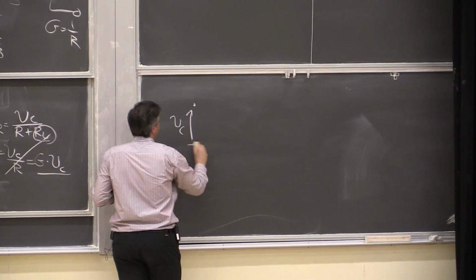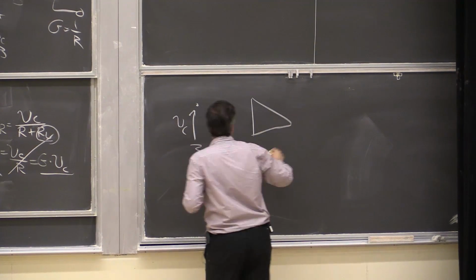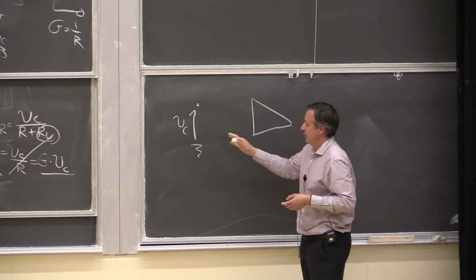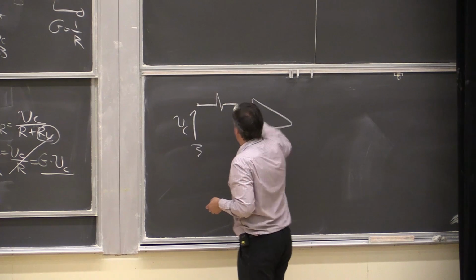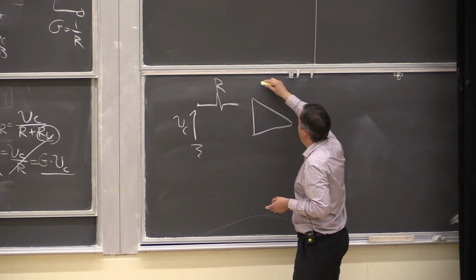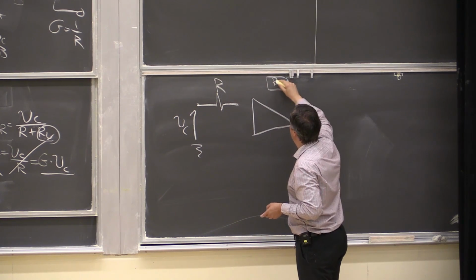If I have some VC here, you sort of know that circuit already. And I have an op-amp here, and I have an R. So this is my R. And let's say I have some load RL here.